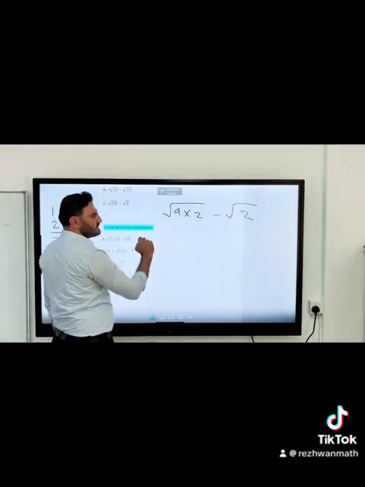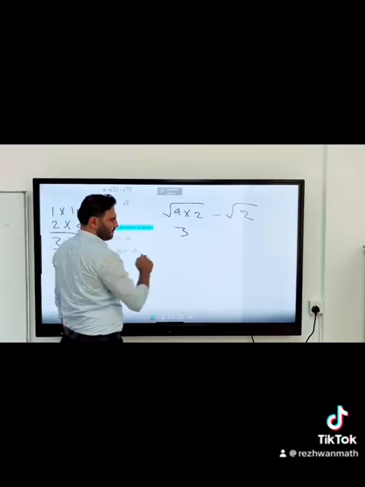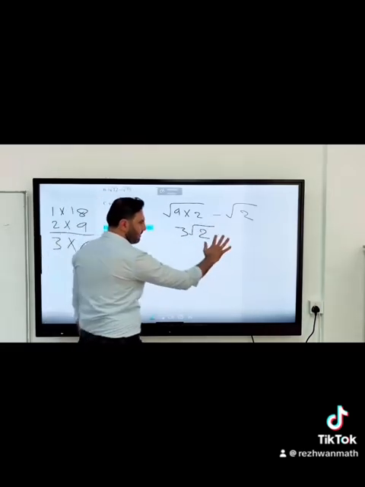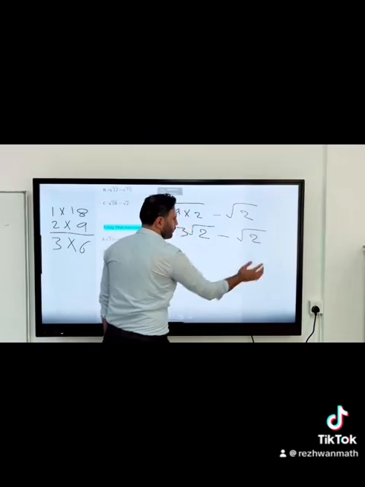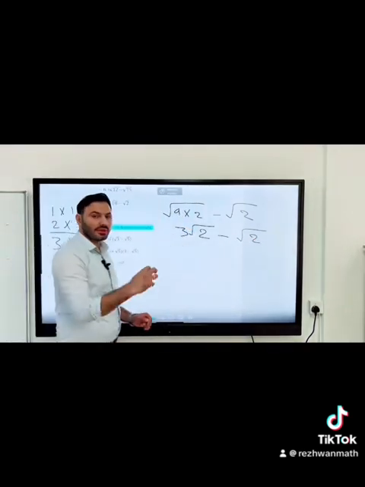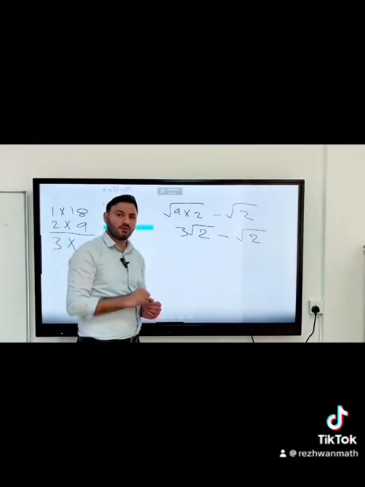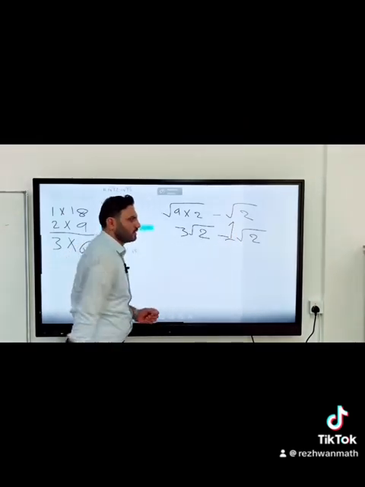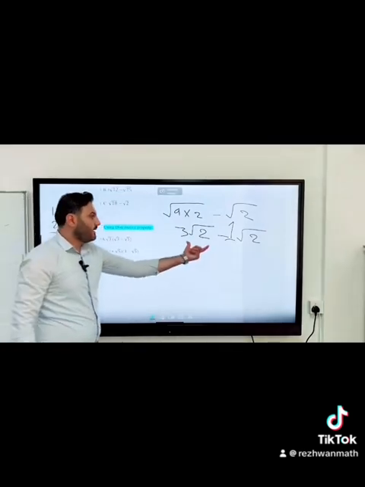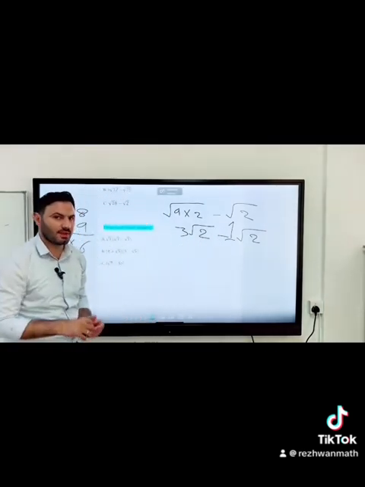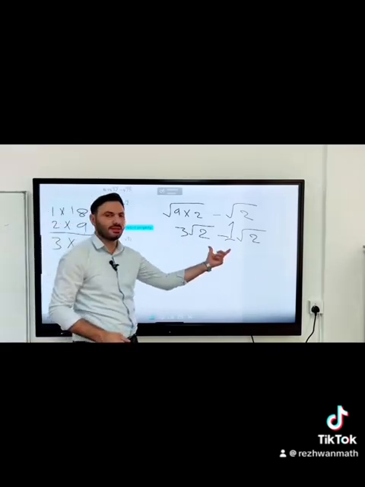And the square root of 9, we get 3. Square root 2, minus square root 2. And we said if we don't have any number in front of the square root, it means we have 1 there. Because we have the same square root with the same number, it's like radicals.